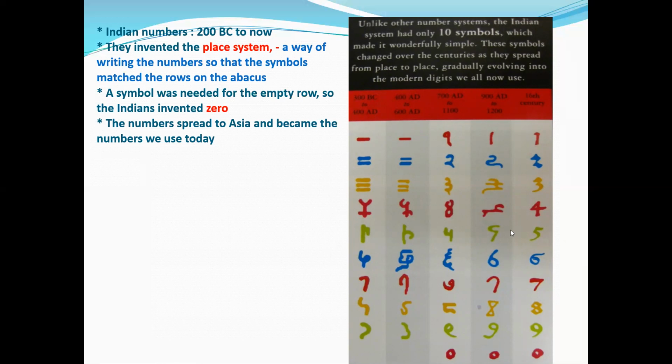Also, the Indians are the ones that invented zero, the ones that introduced zero, or empty value, or no value. From this symbol up to this symbol, as you can see here, it is now near the modern representation of our numbers.